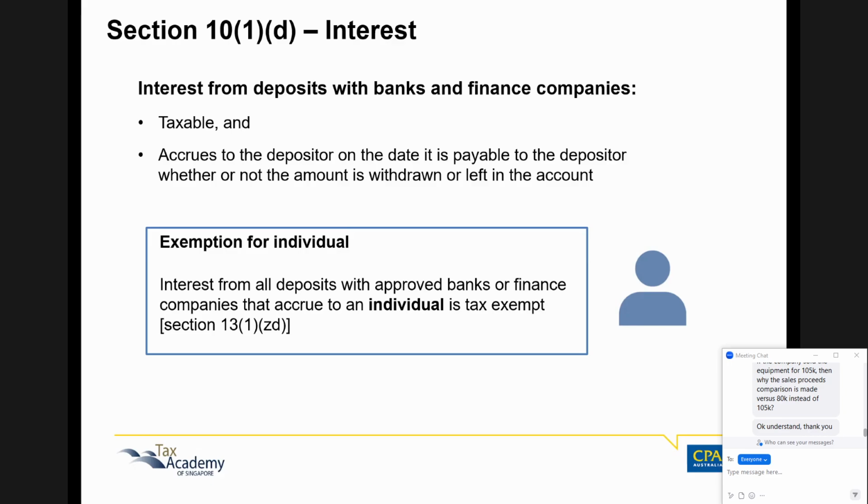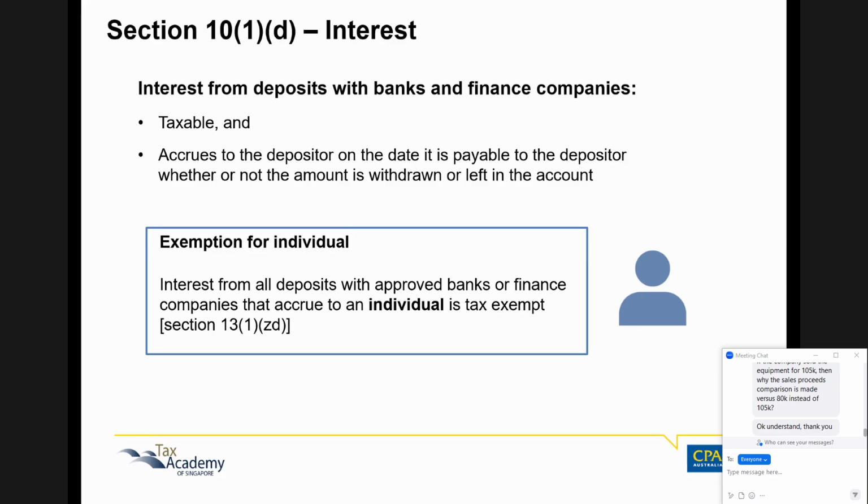We have talked about trade income. Right now we are looking at other sources of income. One other source of income that we commonly see is your interest income, taxable under section 10(1)(d). Last week we went through briefly all the 10(1) types of income.